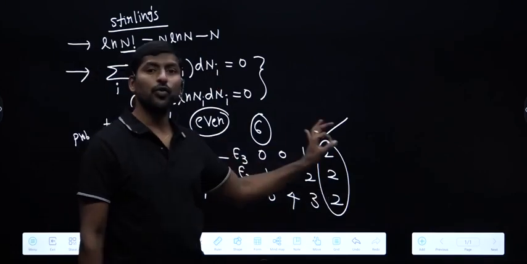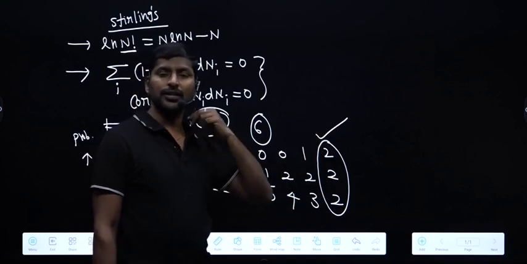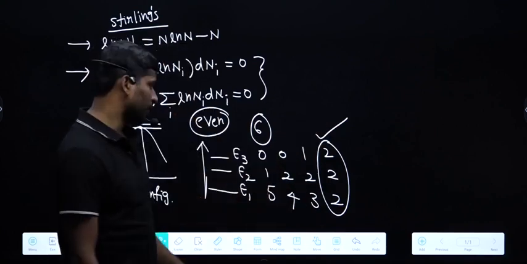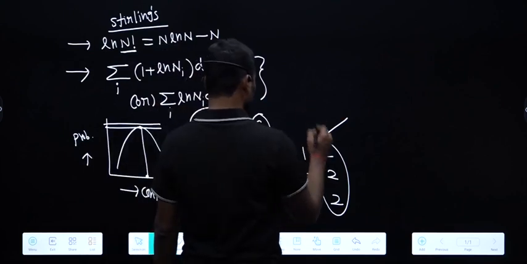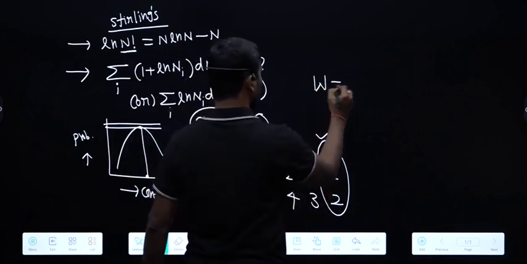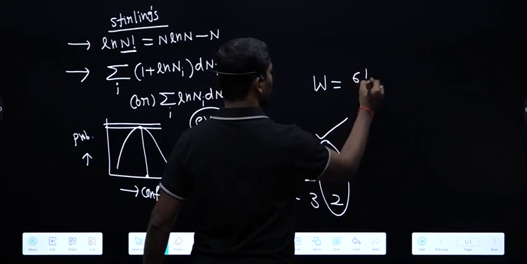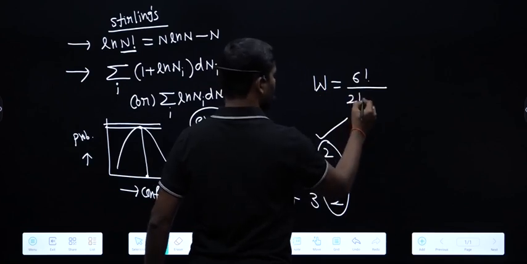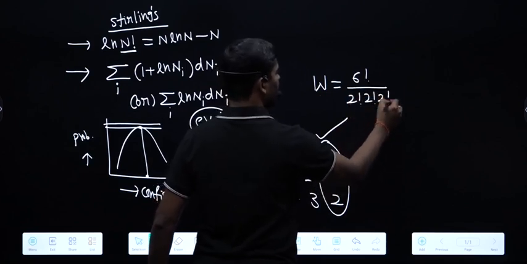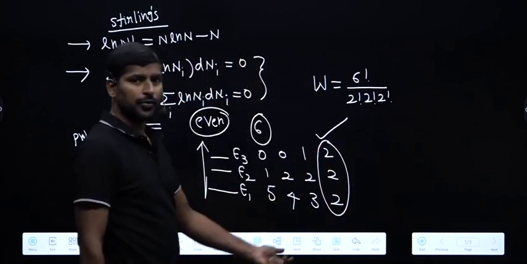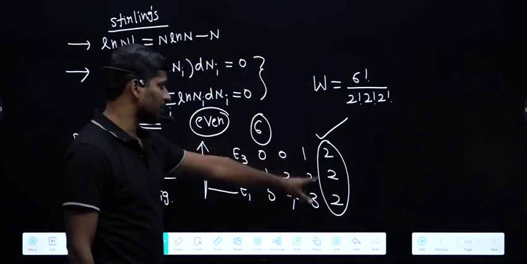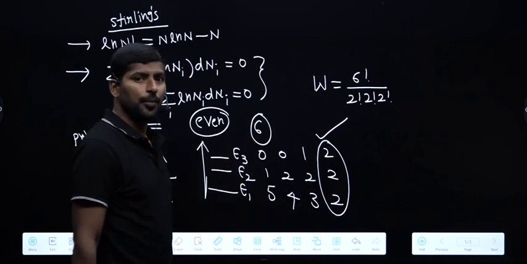For this we will get more possibilities. The number of possibilities is N factorial, that is 6 factorial, divided by n1 factorial into n2 factorial into n3 factorial, and we simplify like that. In this case we get the most possibilities.